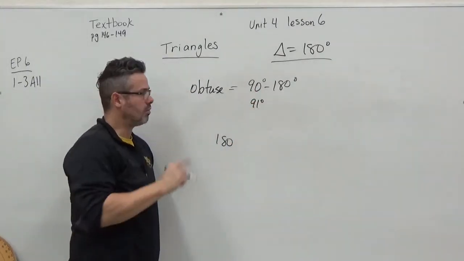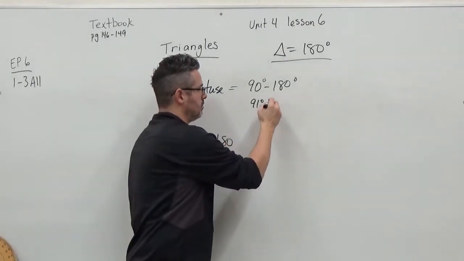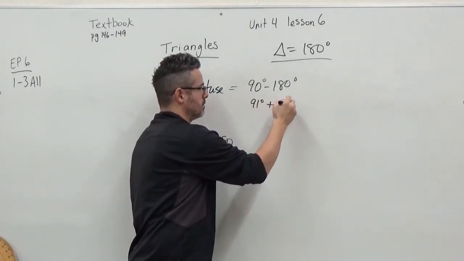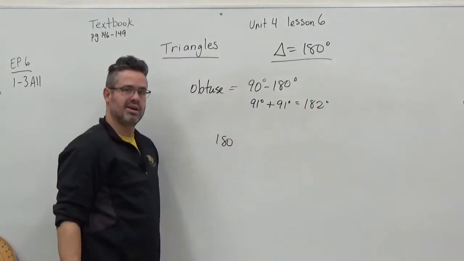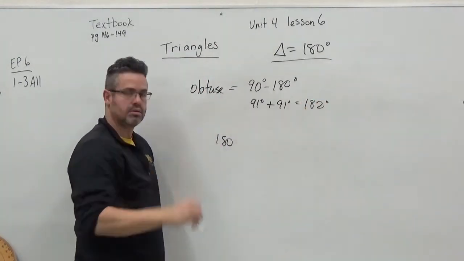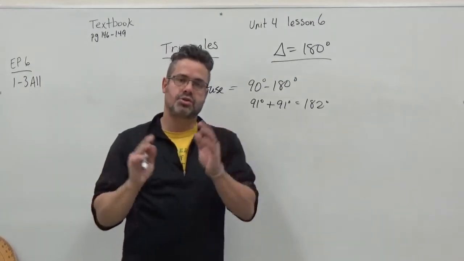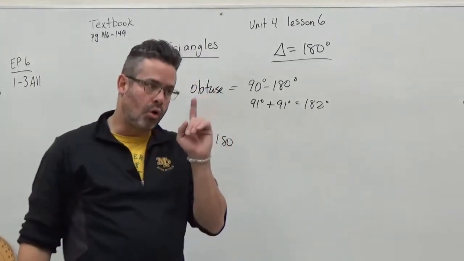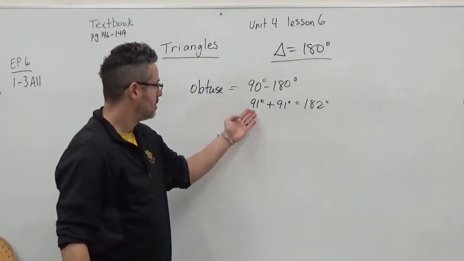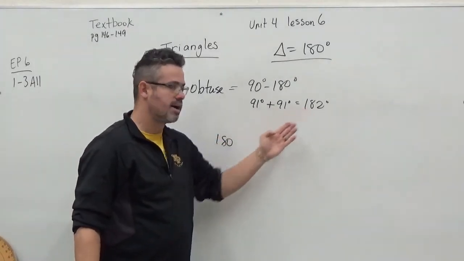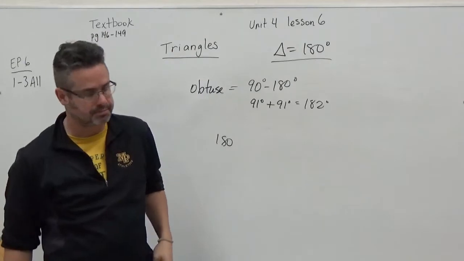Well, what's 91 plus 91? What if we had 2 of them? Okay, there's no such thing as a triangle with more than one obtuse angle. Can't be done, because the two smallest obtuse angles added up are already too much.